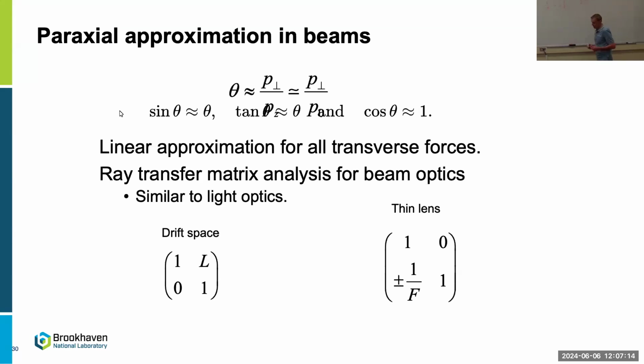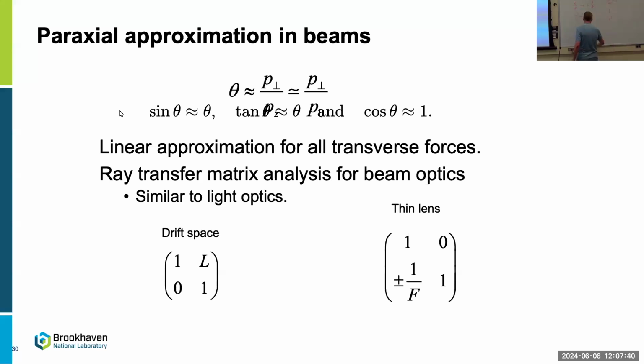And we know that this solution can be approximated by a drift space matrix using two initial conditions. So that, let's say, x and x prime equals this transverse angle of a particle, theta.